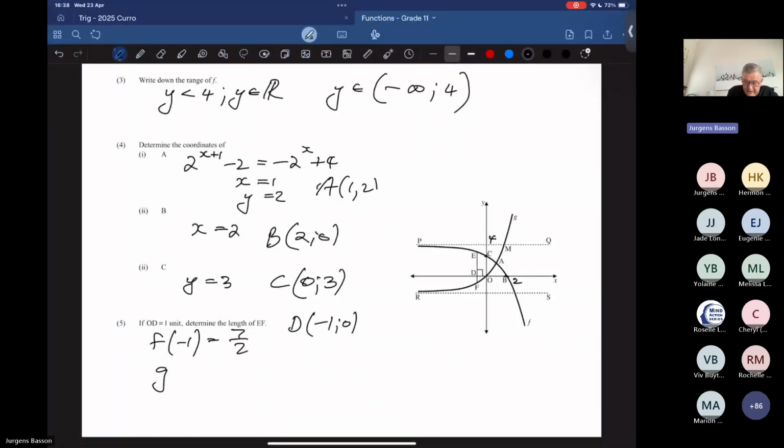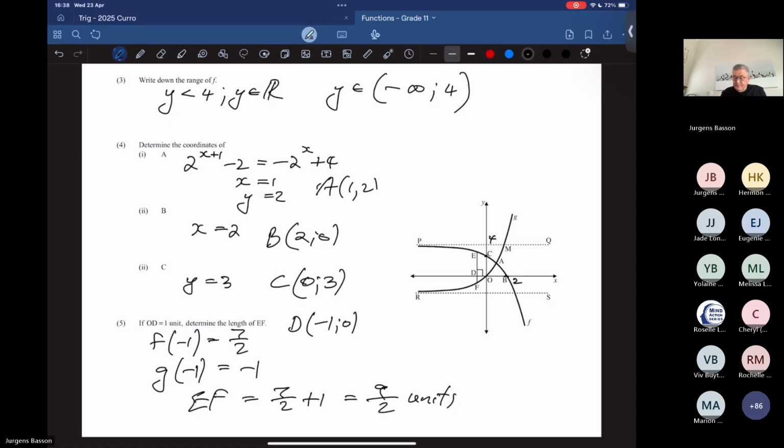And if we find G of -1, we will get -1. So that means the length of EF will be the sum of these two, so 7/2 plus 1, and that is 9/2 units. Because one y value was negative, we just take it as a positive distance. So that was just for that length.